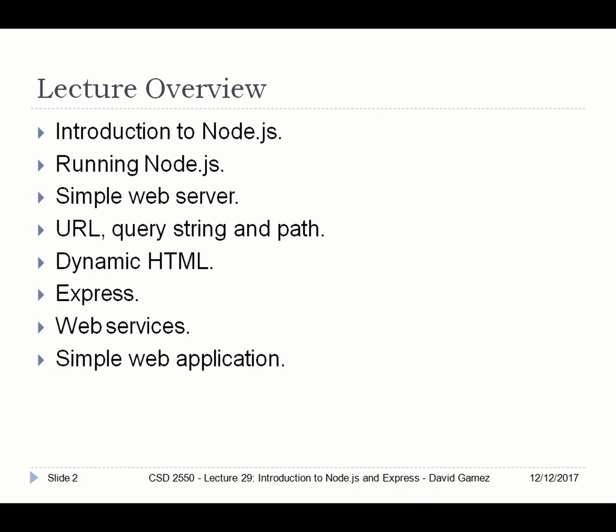Now I could extend the basic Node module indefinitely to serve up static files and so on, but instead I'm going to show you how you can use Express, which is a very nice add-on module for Node that will really save you a lot of time when you're building your web application. I'll show you how to build web services with Express, and then I'll show you how to build a simple web application using Express that combines web services with statically served content.